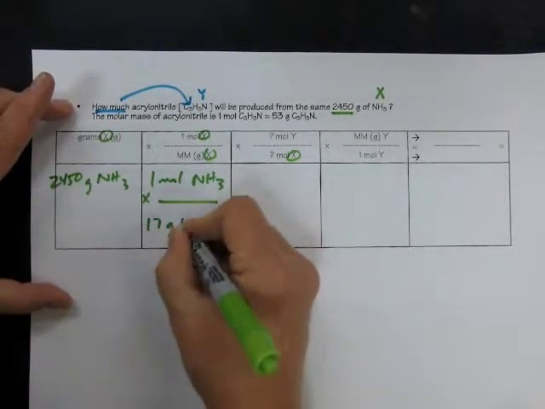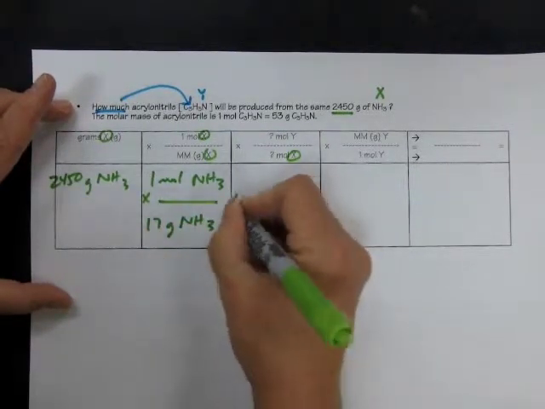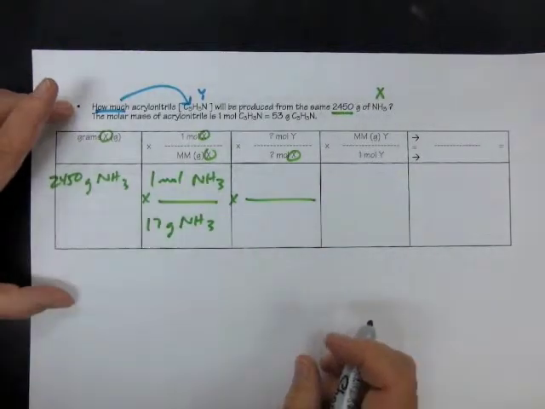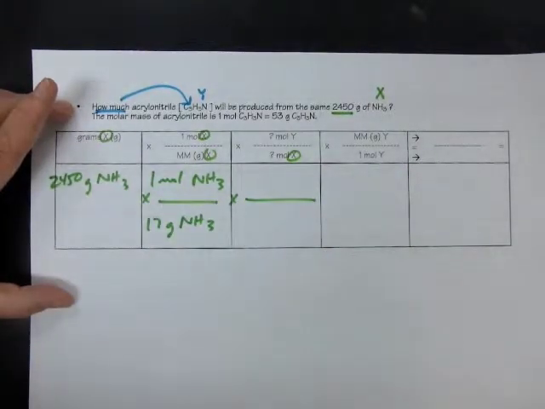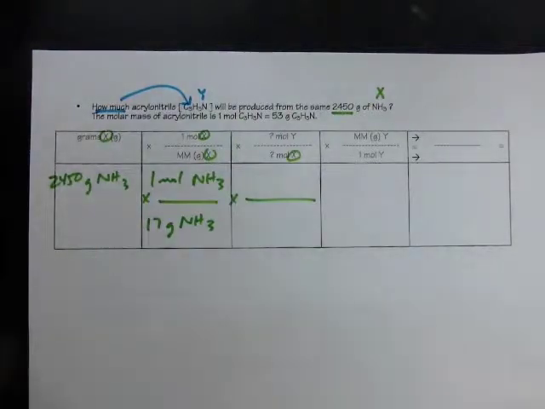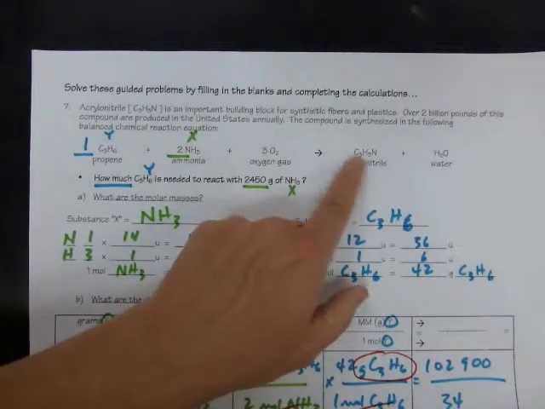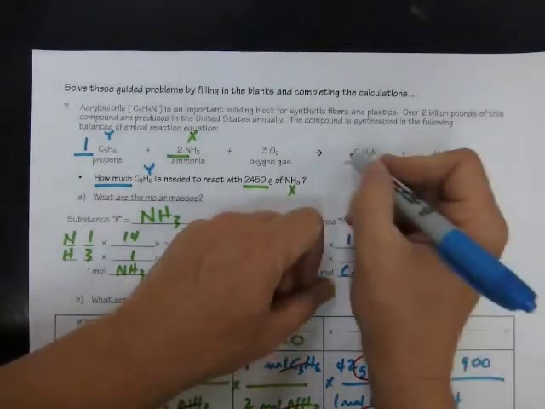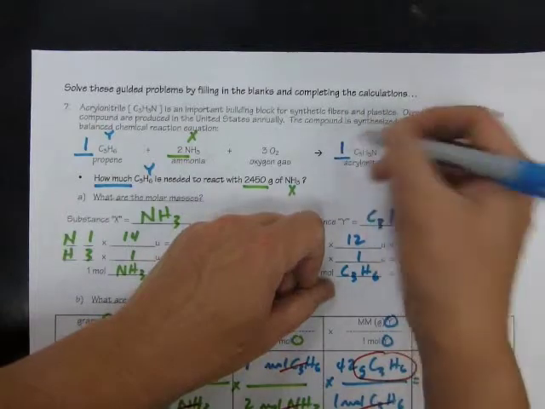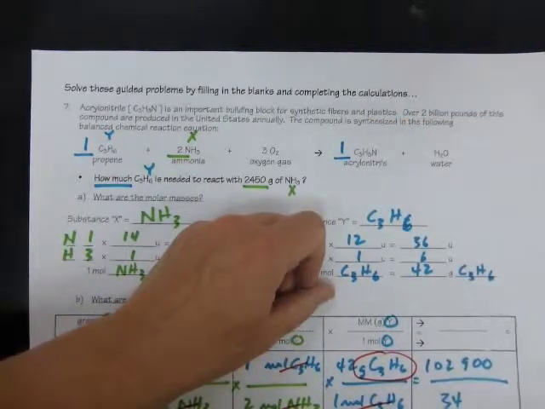17 grams of ammonia. I'm going to multiply. And now I need to know how many moles of the Y substance. So in this problem, my Y substance is acrylonitrile. That's over here. So the number that's in front, I don't see a number here, so that means that there's one of those in the reaction.